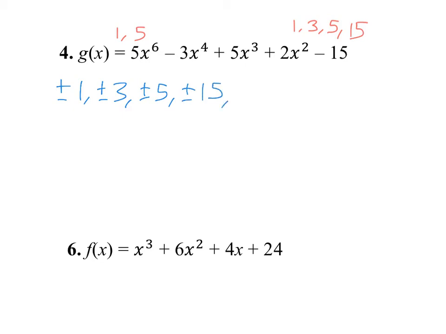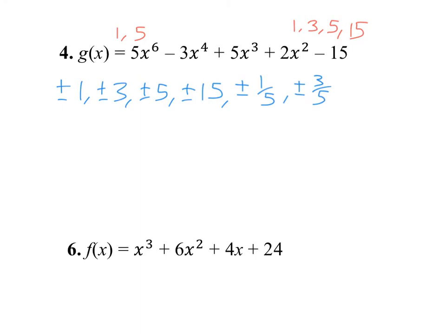And then we have to divide some of those by 5, plus or minus 1/5, plus or minus 3/5. We don't need 5 over 5 because that equals 1, which we already have, and we don't need 15 over 5 because that equals 3.